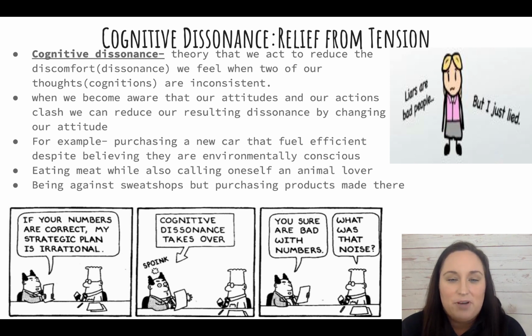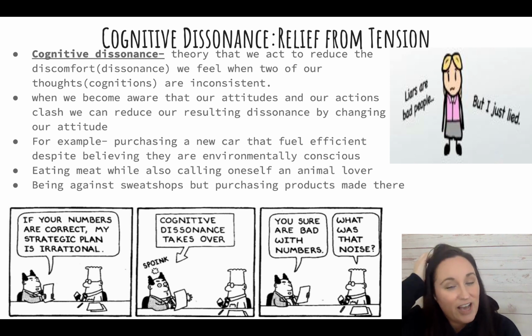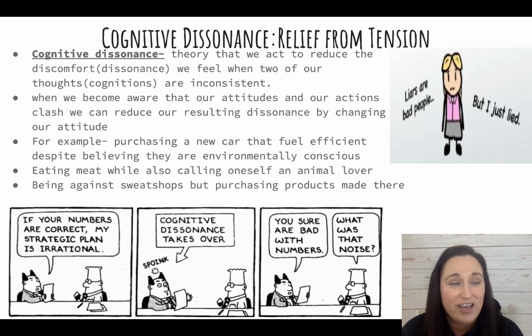Another example is purchasing a new car that is not fuel efficient, and then someone pointing out that it's not fuel efficient, even though we try to say that we are environmentally conscious and aware. We feel this dissonant feeling. If we eat meat while also calling ourselves an animal lover, we feel this dissonance and we have to justify it.